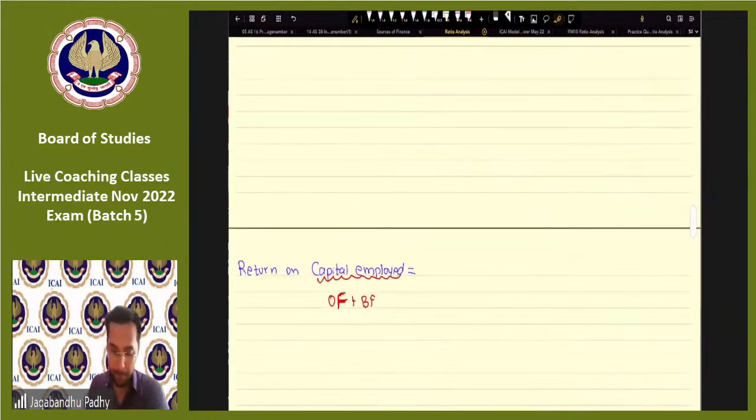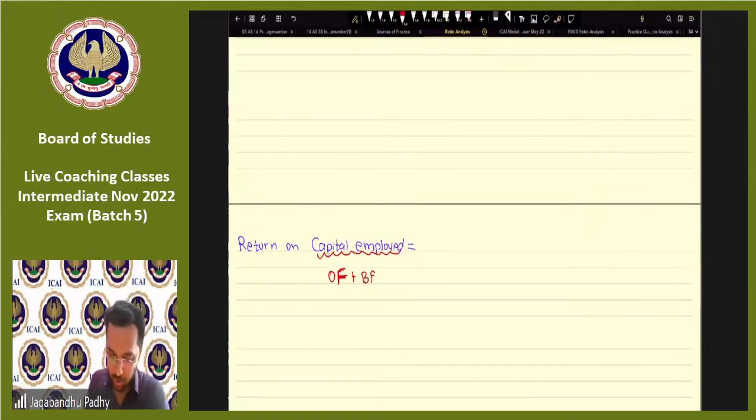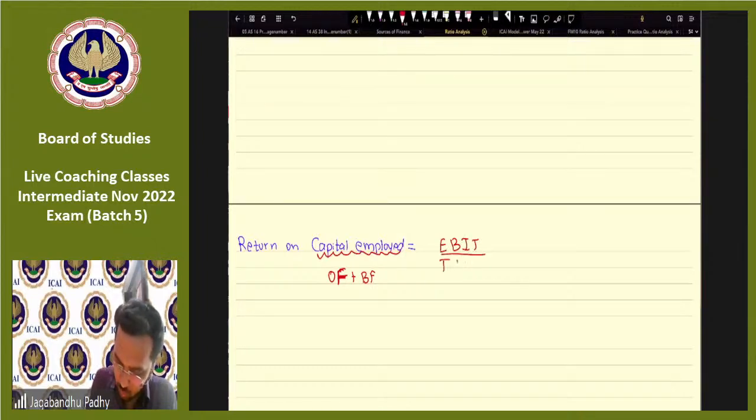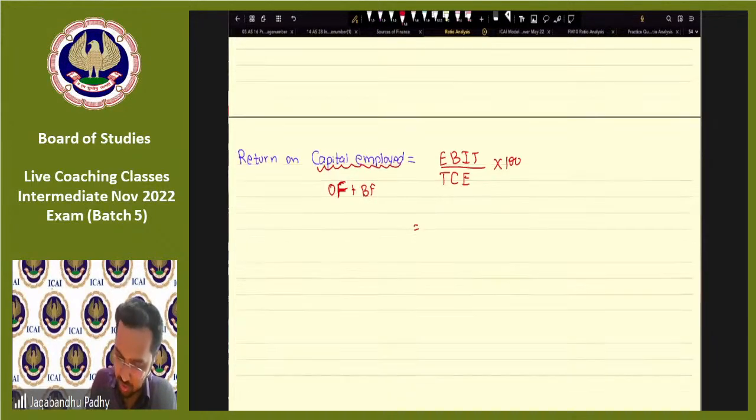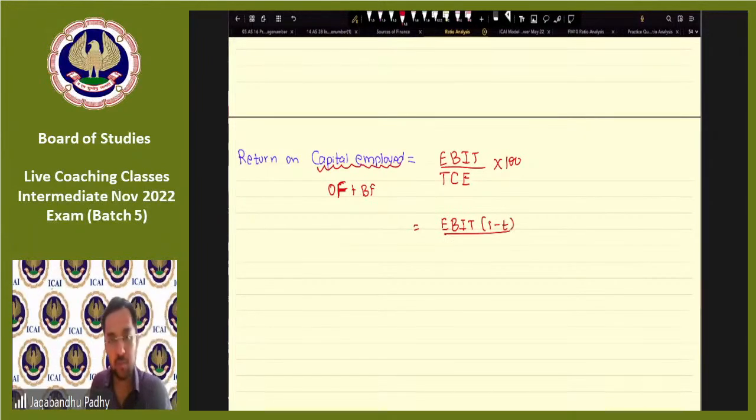So this formula, return on capital employed, is going to be EBIT upon total capital employed into 100, or you can also say EBIT (1 minus T) upon total capital employed into 100.